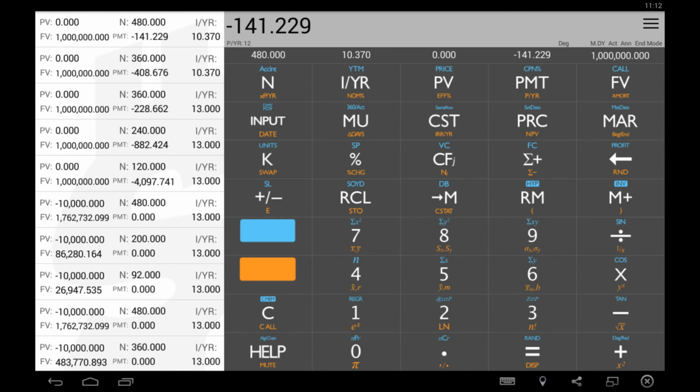So we're going to solve for the present value to figure out what your initial investment needs to be for your retirement goal. So let's say 480 months, 10.37 interest, payment is 0, future value is $1 million.